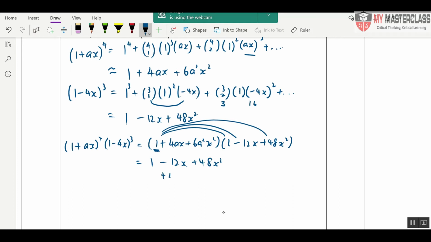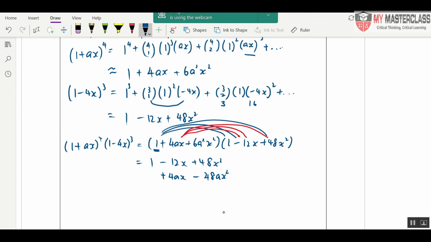I can just write plus 4ax, because I use this guy multiplied by 1, this guy multiplied by 12, and this guy multiplied by the last one: plus 4ax minus 48ax squared plus 4 times 48, that will be equal to 192ax cubed. But this guy, do we need? We don't need, so we don't need him anymore.